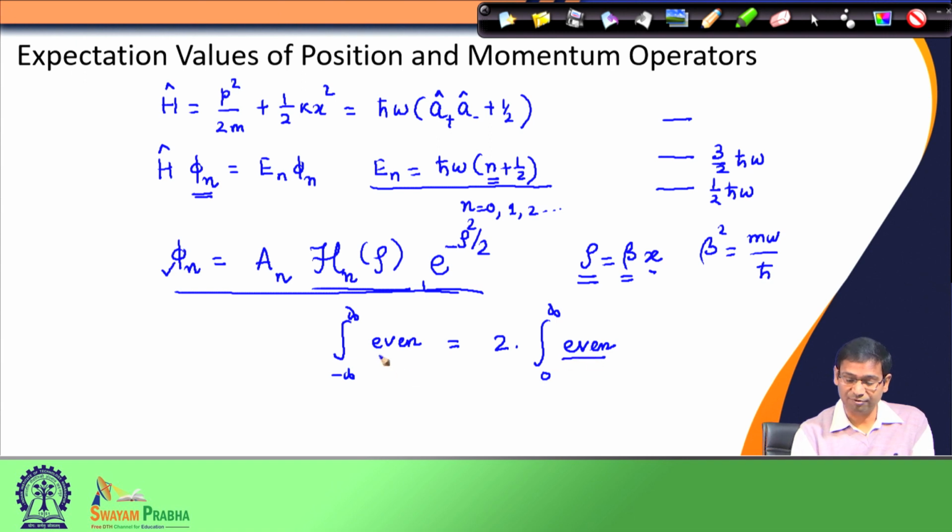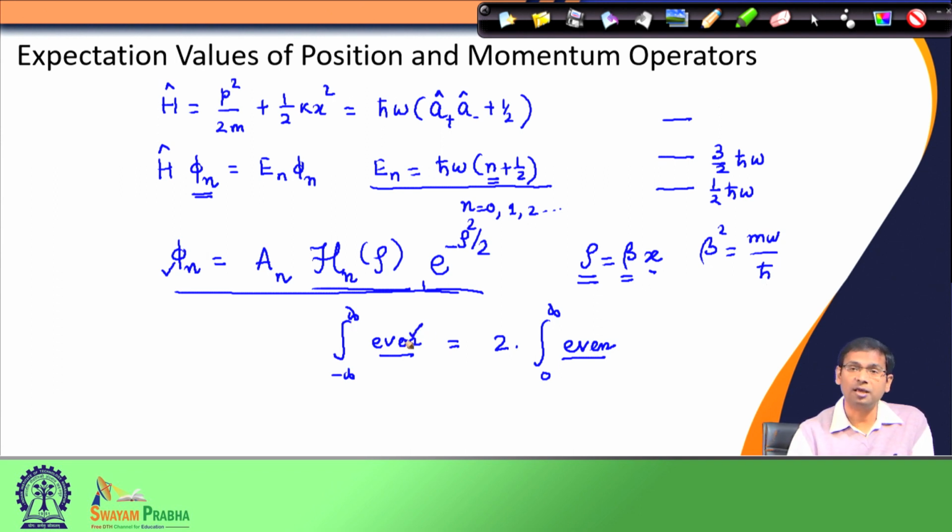If the function is even, I can write this. What is the point that I am using here? From minus infinite to plus infinite can be separated into 2 regions. One region from minus infinite to 0, the other region is from 0 to plus infinite.